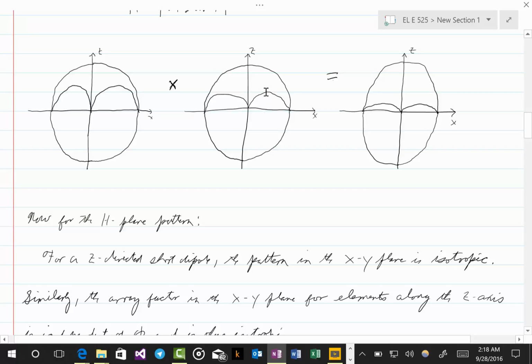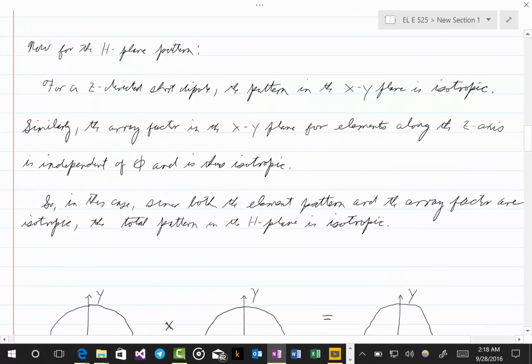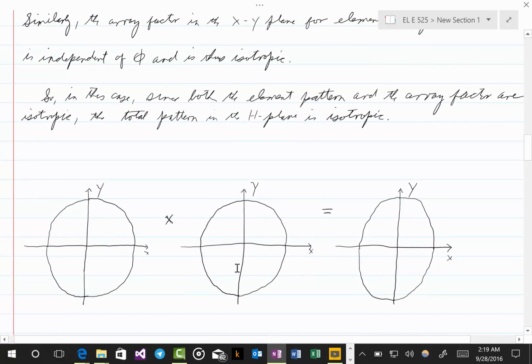In any of the phi equals constant planes, the array factor would have looked like this. All of those phi equal constant planes contain the two dipoles. The H plane, or the XY plane, does not contain the dipoles. There's one dipole above the XY plane and one dipole under it. So the array factor is different.